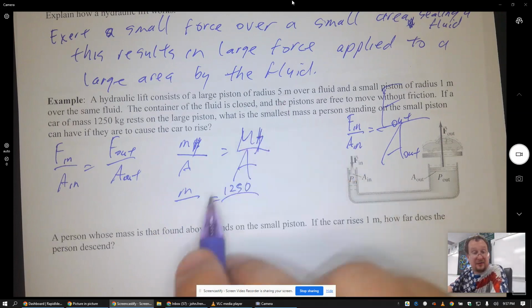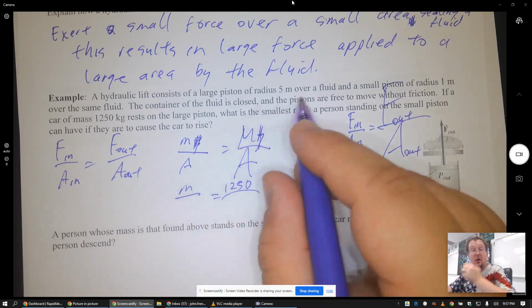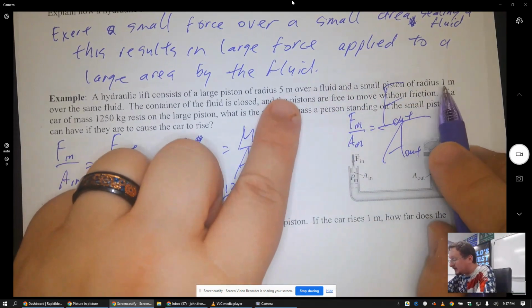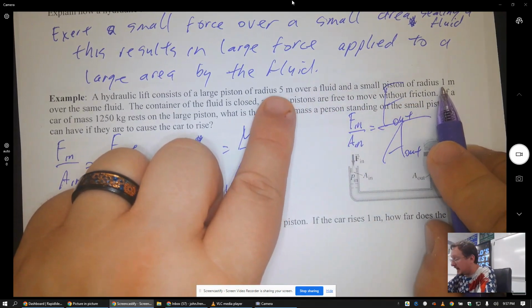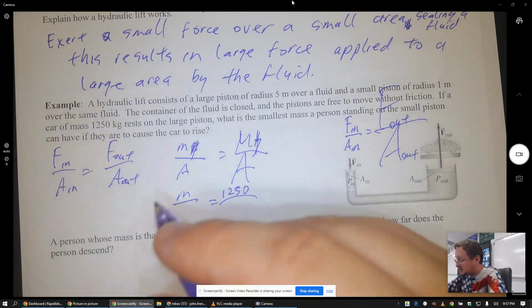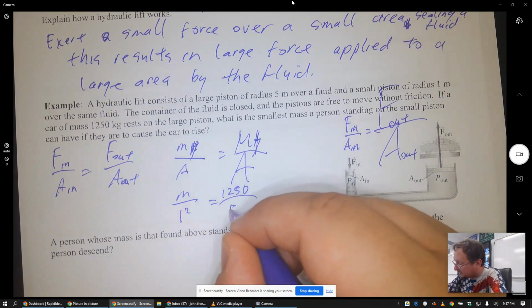Well, it turns out that whenever you set up a ratio, you don't have to do pi r squared because the pi cancels. Well, don't you have to convert these radii to diameter? In fact, if it just said diameter and diameter of 1 meter, you would just say this is 1 squared and this is 5 squared.